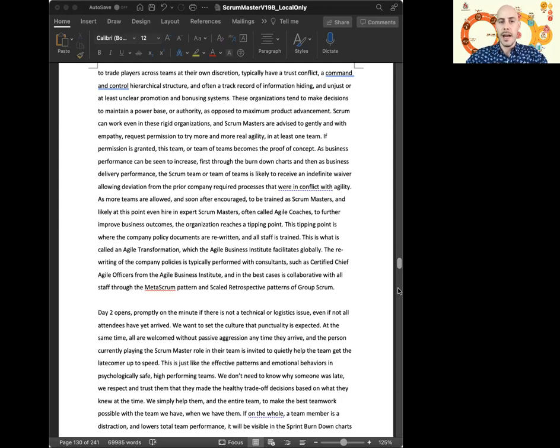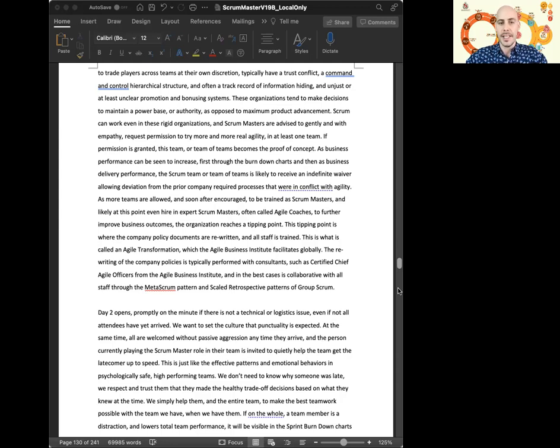As more teams are allowed, and soon after encouraged to be trained as Scrum Masters, and likely at this point even hire in expert Scrum Masters, often called agile coaches, to further improve business outcomes, the organization reaches a tipping point. This tipping point is where the company policy documents are rewritten and all staff is trained.